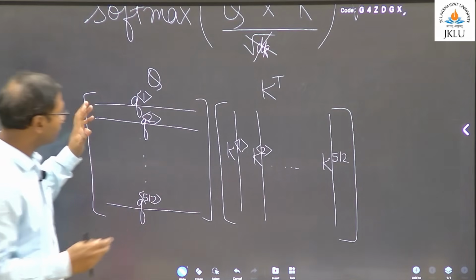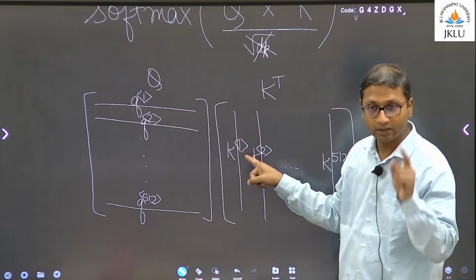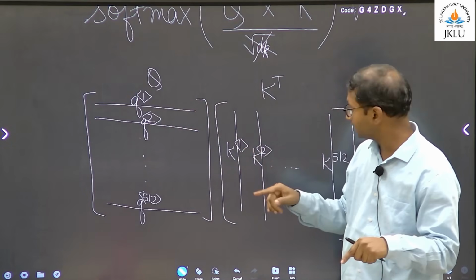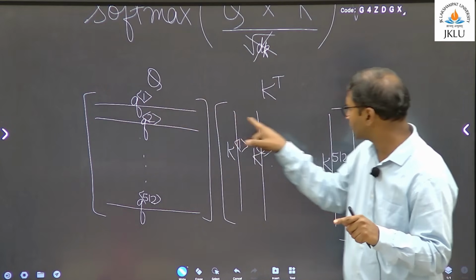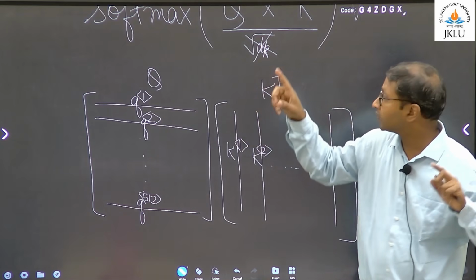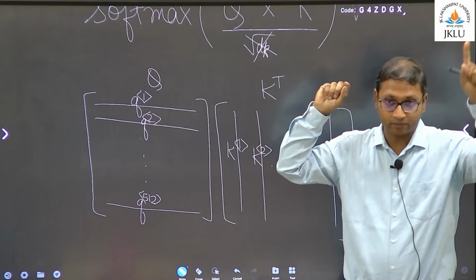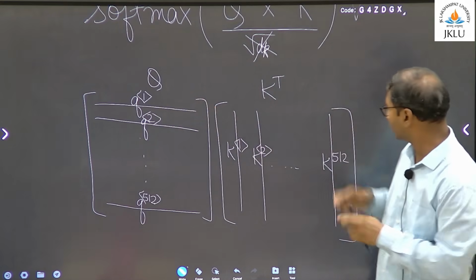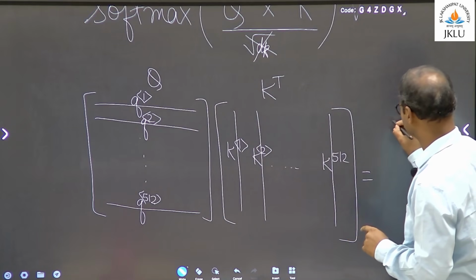Now, what is this whole thing representing? Q1 dot K1, plus Q1 dot K2. These 512 dot products, you were computing this to calculate what? V1. So right now you have just taken the dot product. What will be the output of this dot product?